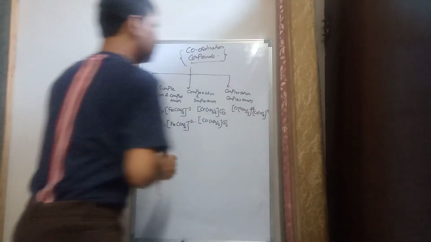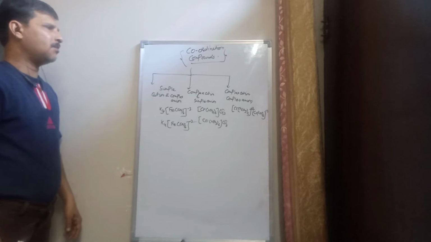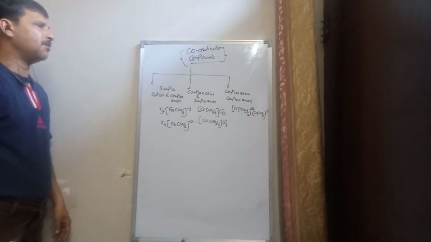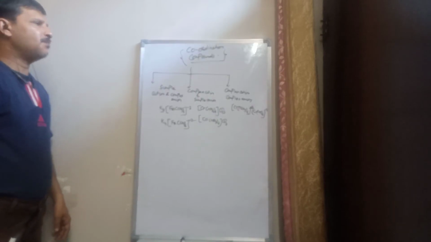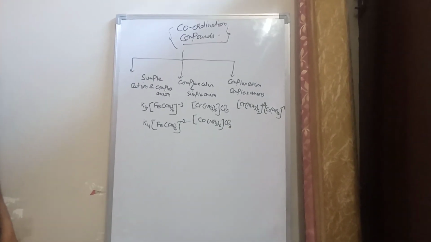You should concentrate on one important thing: while writing the symbols of these salts, first of all we should mention the symbol of the cation and then the symbol of the anion.